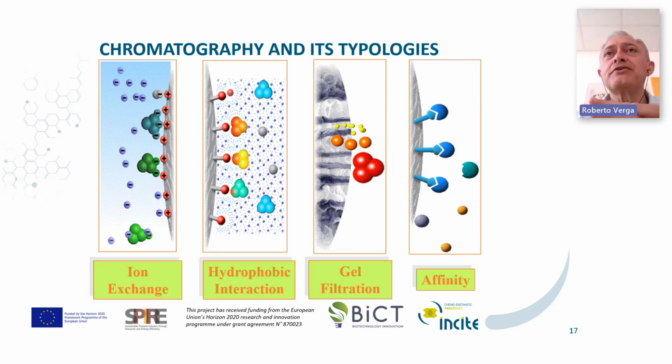In the gel filtration, the separation is based on the different molecular weight of the protein. And the affinity is the best for the biotech. In the affinity, I've got a specific interaction between a chemical group linked on the stationary phase and my molecule.